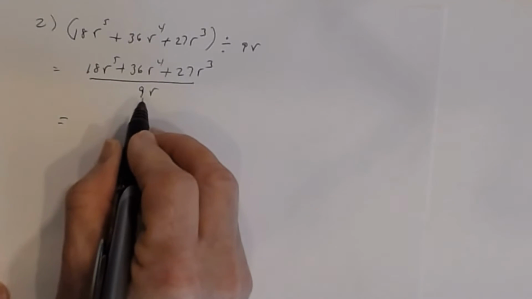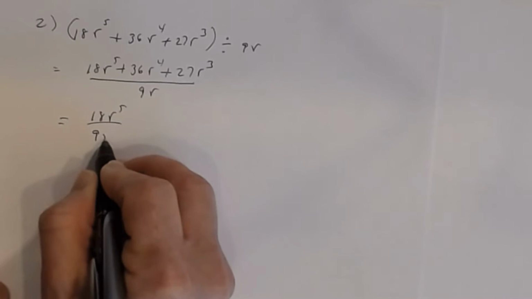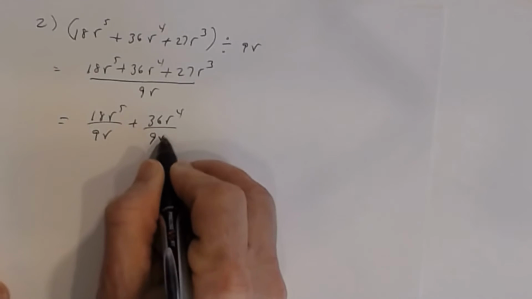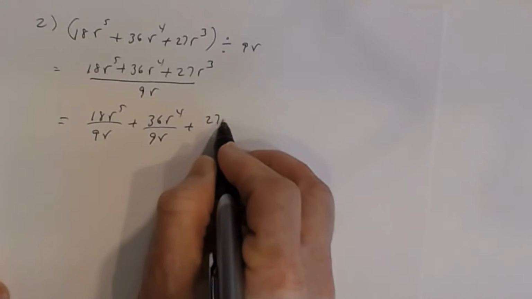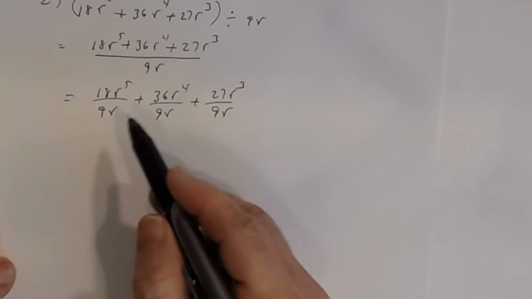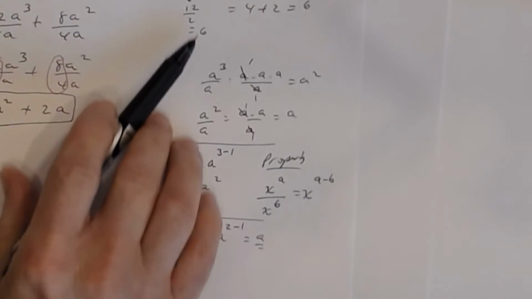So it's 18r to the 5th divided by 9r, plus 36r to the 4th divided by 9r, plus 27r cubed divided by 9r.